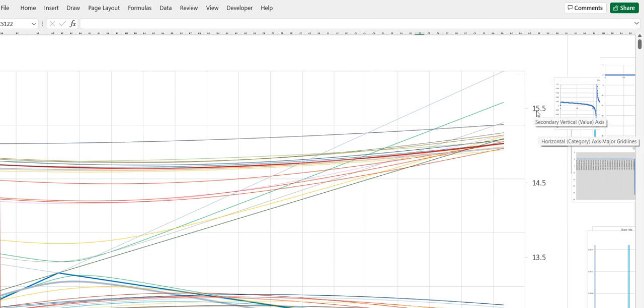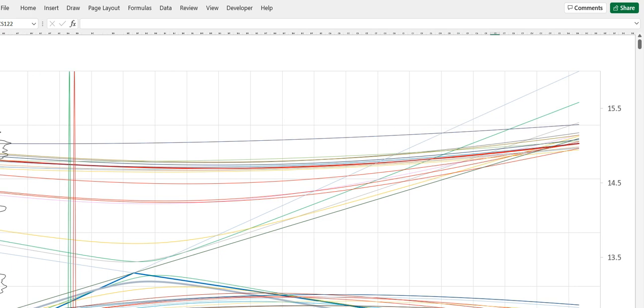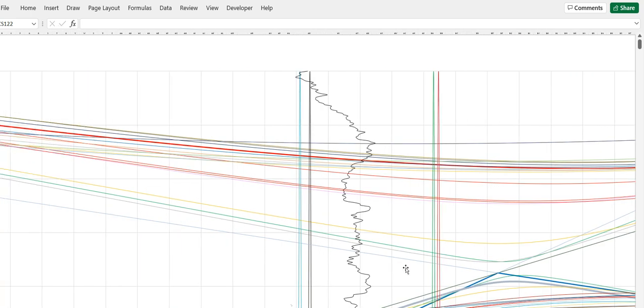So there would be 15.5 and 16.0. 1600 is 4 o'clock. And that's the actual way the price went.